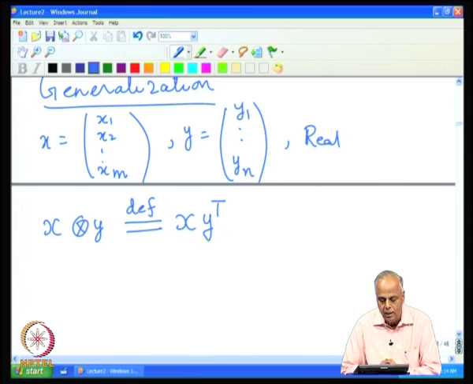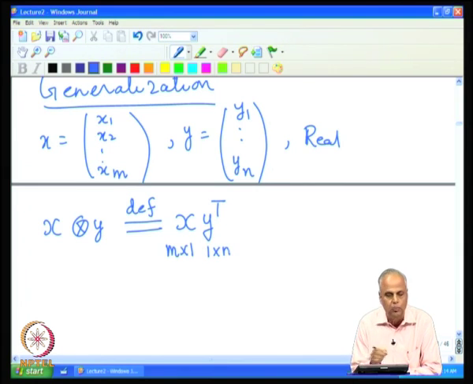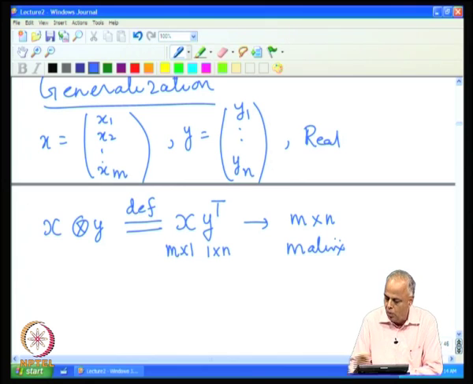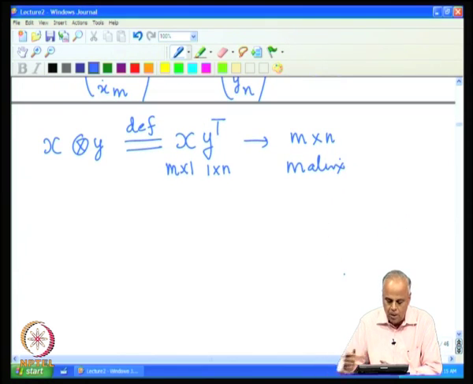Now, what do we get this time? Again x is m by 1, y is n by 1. So, y transpose is 1 by n. So, the product is therefore an m by n matrix. So, what is our conclusion? What are the entries of this matrix?